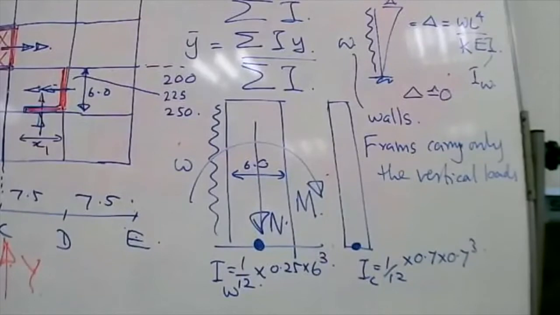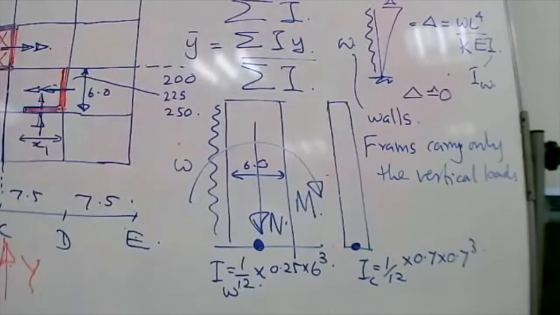The problem is all the lateral loads are carried by the walls, all the vertical loads are carried by the frames. And if there's a wall instead of a column, then wall also can carry some vertical loads. Anyway, there will be the self weight of the wall. Self-weight of the wall is carried by the wall. So wall will have axial load plus any other load transferred onto the wall. So that is the situation.